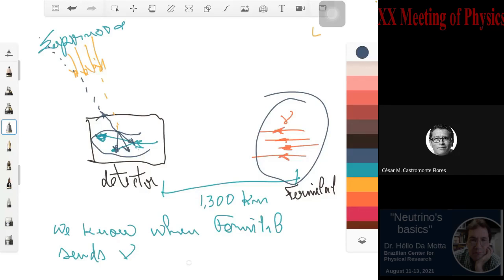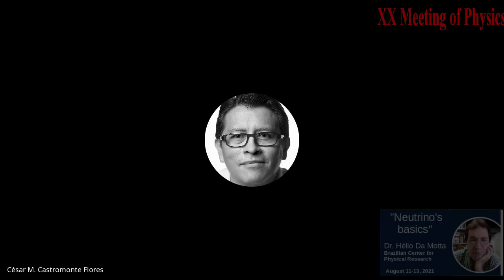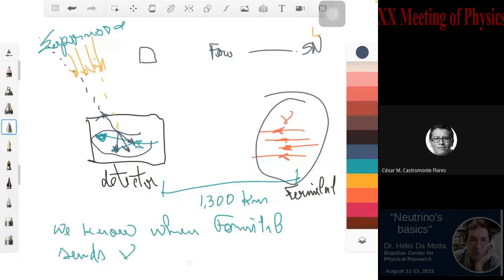Unless, of course, there is a supernova that happens to be aligned with the detector. Here is the detector, here is Fermilab, right? And it happens that the supernova is exactly aligned with Fermilab, and it happens to burst exactly at the same time as Fermilab. But even so, the energy will be very different.